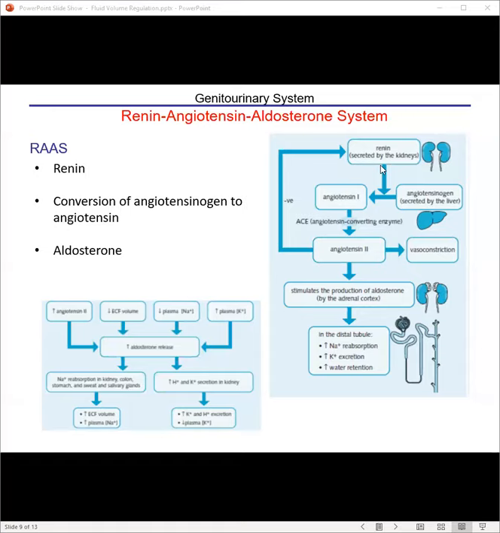The third one, the third mechanism for the release of renin is because of the decrease in sodium in the ECF volume. And this decreased sodium in the ECF is detected by your macula densa. So remember, you also have your macula densa in the kidney that detects sodium concentration in the blood. And if there is less sodium in the blood, this is detected by your macula densa.